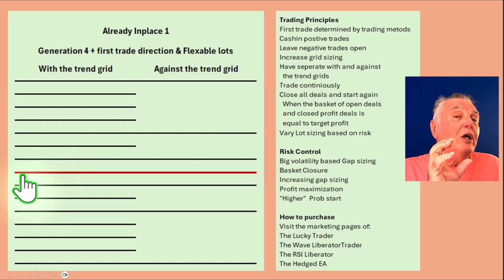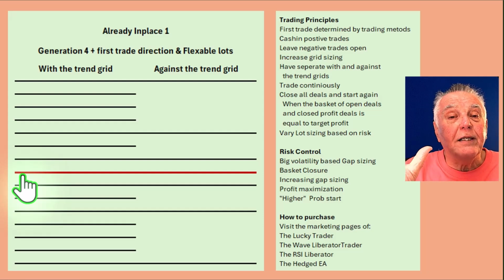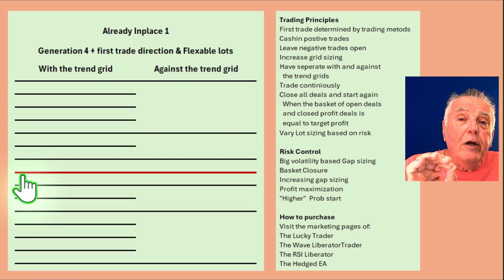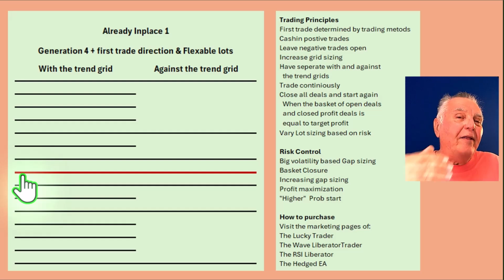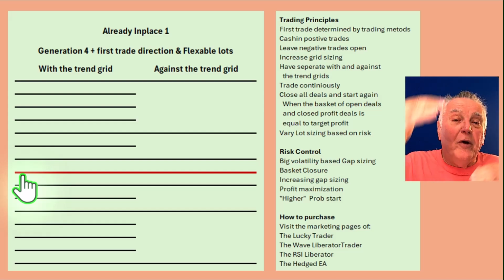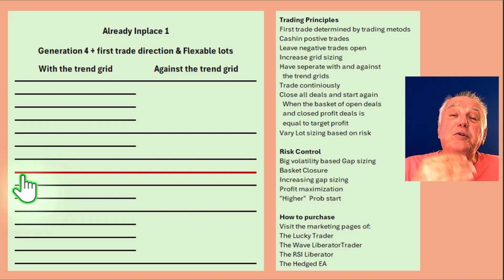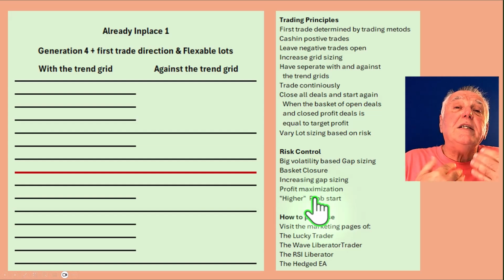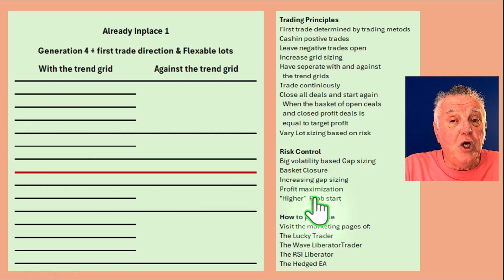So if we add those two elements, the trade direction in the beginning and the lot sizing, we come very close to existing EAs that we already have. And the profit retrieval process is nothing more than a grid process on its head because it only starts operating once you have 2 transactions that are negative. So there's an added risk control element in that you have a higher probability start chance.